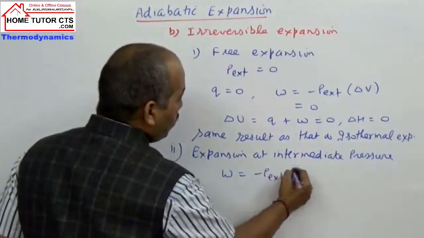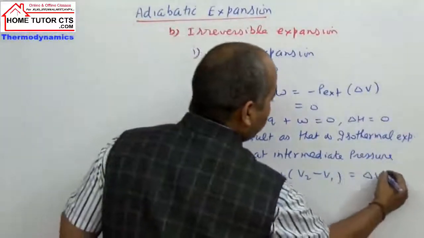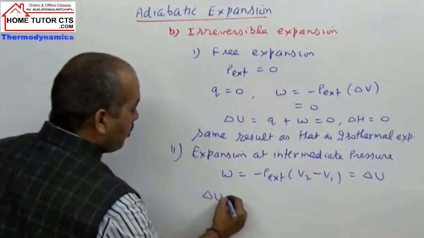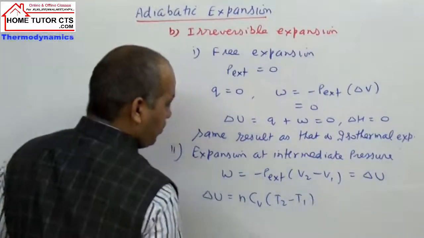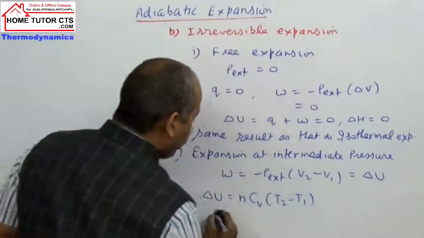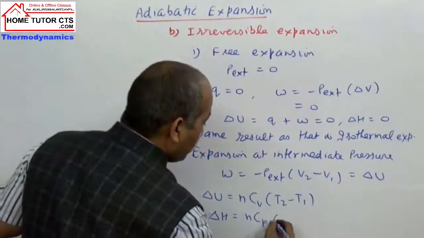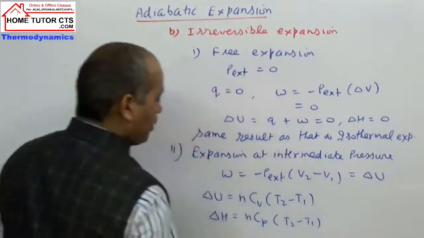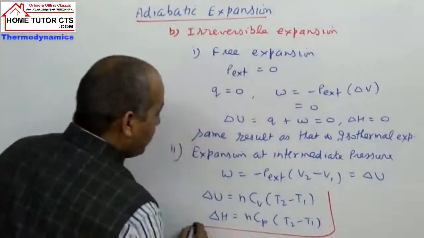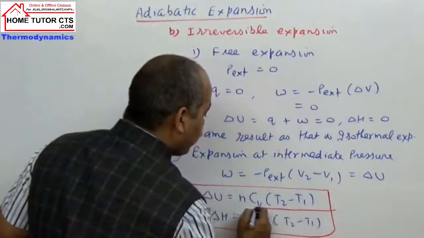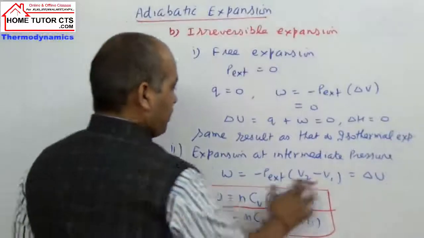Minus P external into delta V, V2 minus V1, is equal to delta U, and delta U will be how much taken? n CV (T2 minus T1), or we can write here delta H. If it is written here, so it is n CP (T2 minus T1). So these expressions or results are also helpful to us in solving questions in adiabatic process.